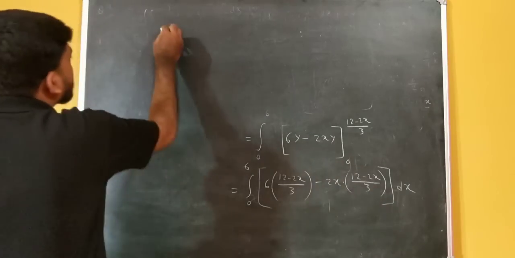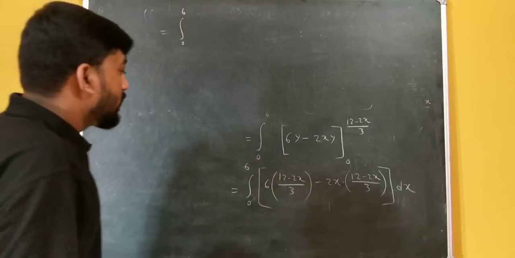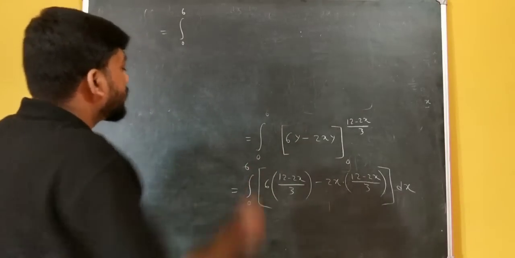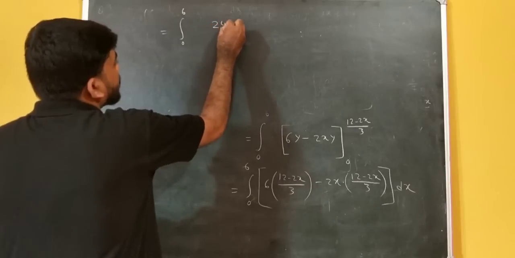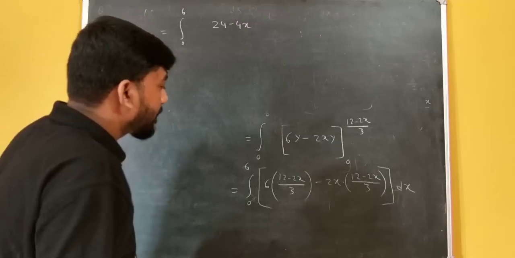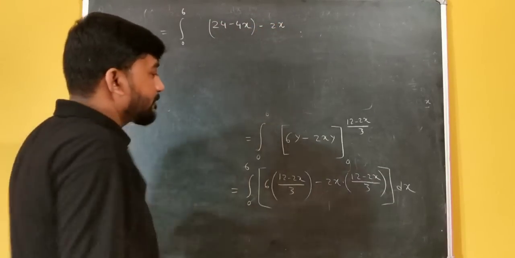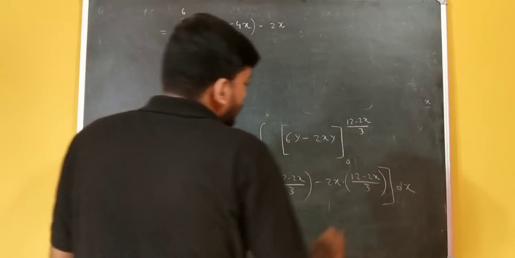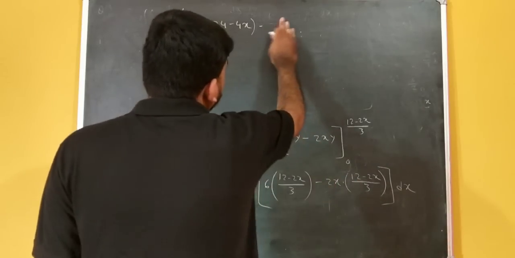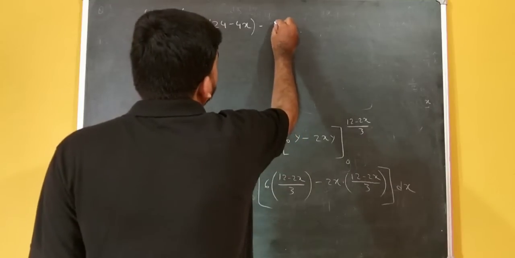So you will get just integration 0 to 6, and this is 3 into 2, so it will be 2, and 2 into 12, 24. So it will be just 24 minus 4x, minus 2x into 12, let me multiply it, that means 24x.